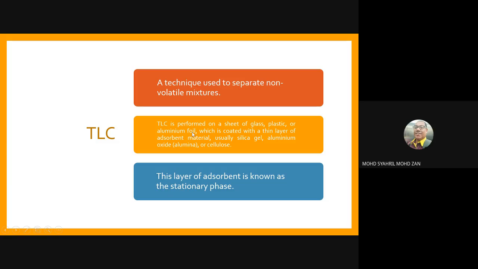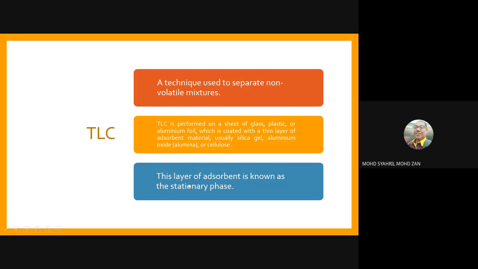The materials we put there are silica gel, aluminium oxide, or alumina, or cellulose. These three types we put as a layer on the glass, plastic or aluminium foil, to separate non-volatile mixtures.